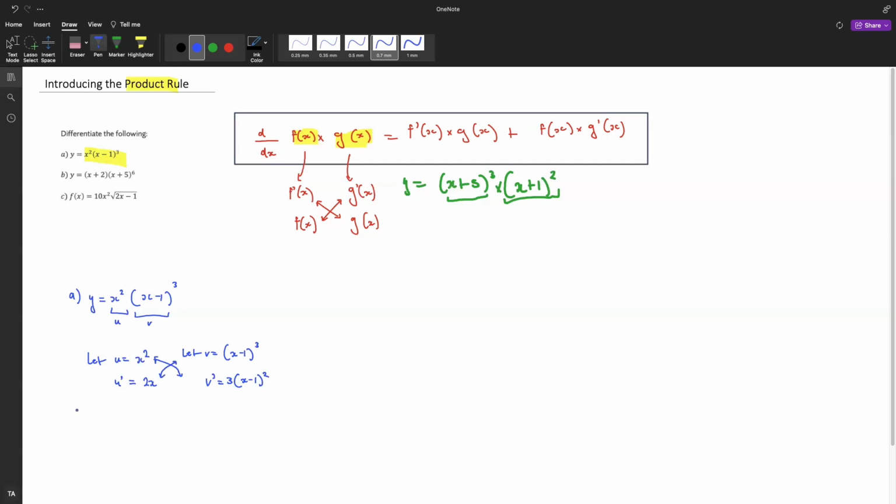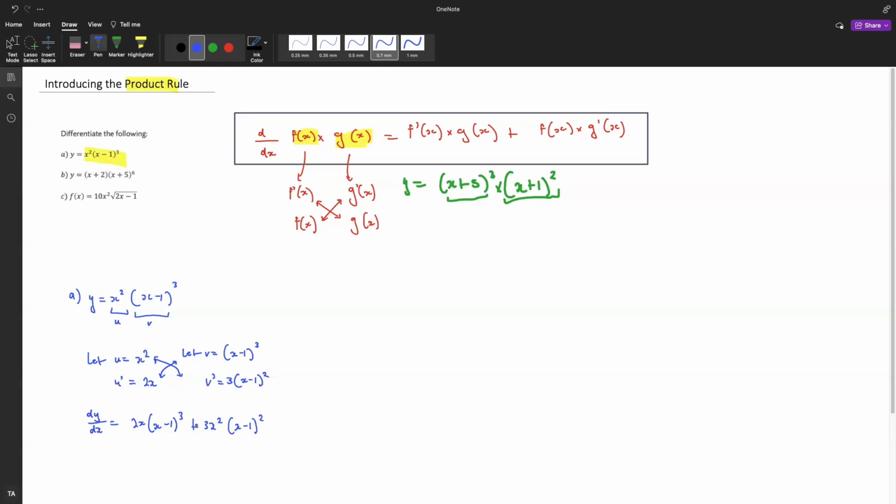So dy over dx is going to equal, let's do u dash first, so that is 2x times x minus 1 to the power of 3, plus x squared times 3 times x minus 1 to the power of 2.